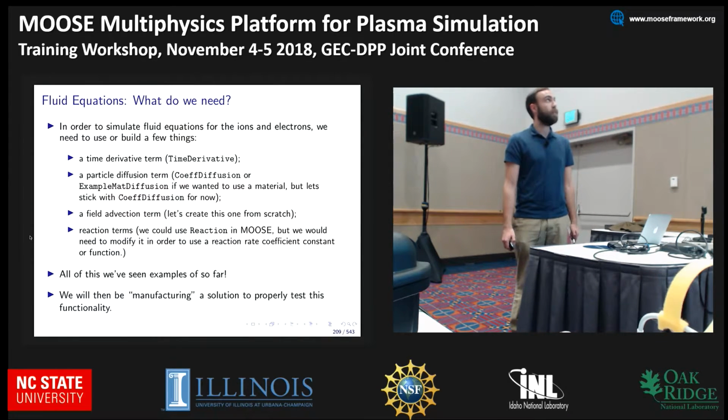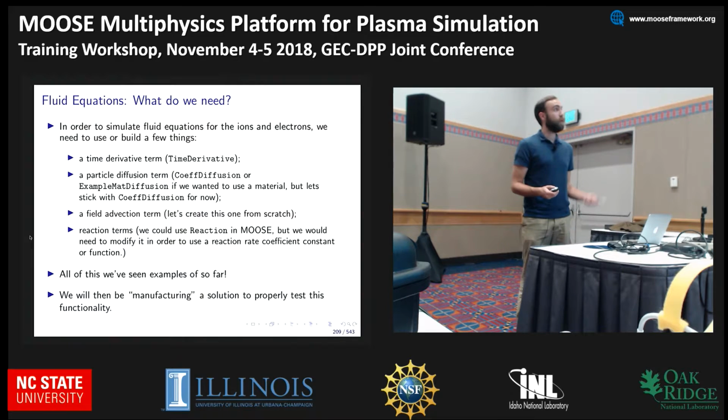To simulate fluid equations for the ions and electrons, we need to build a couple more things. We have our time derivative term, our particle diffusion term, coefficient diffusion, and reaction terms. We could use reaction in MOOSE like we did for the example, but we'd need to modify it in order to use an actual input reaction rate coefficient, constant, or function instead of just assuming a value of 1.